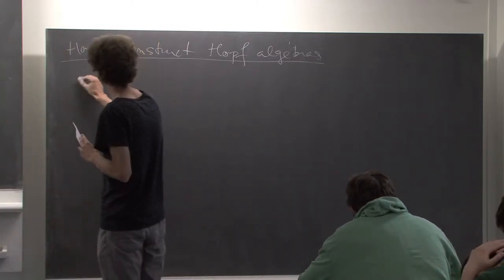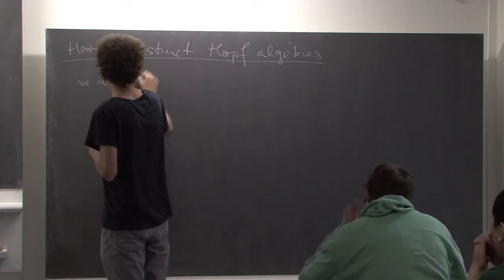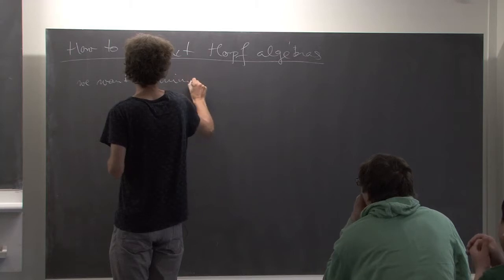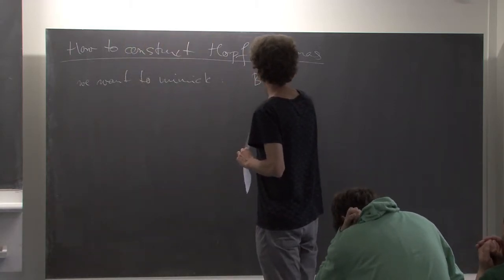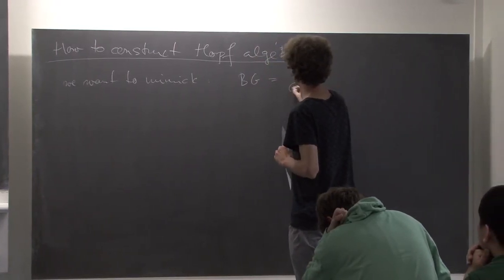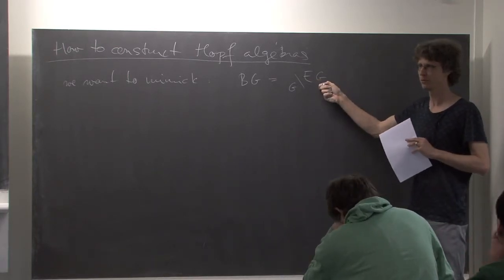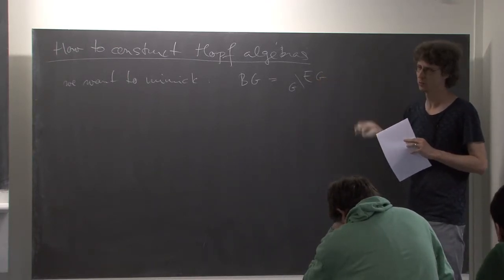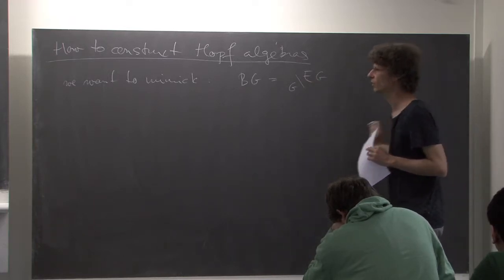Somehow we want to mimic this construction where BG was EG mod G, and where this EG was very easy to construct because EG was just a set, so to say. So you want to do something like that. So how do we do it?